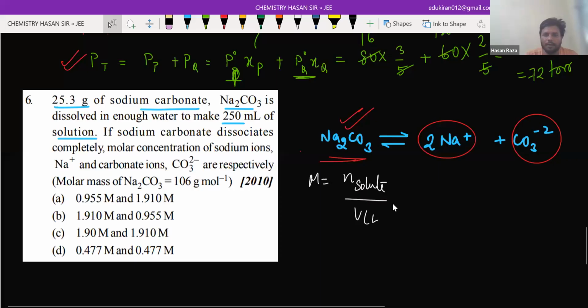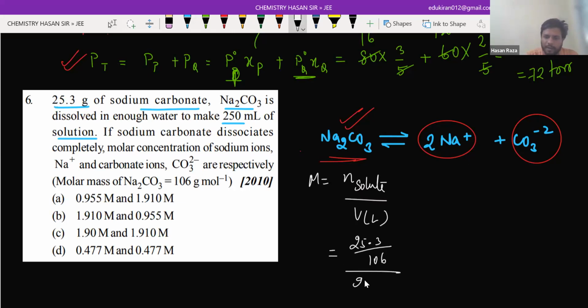Now see, to calculate the molarity, it is number of moles of solute upon volume of solution in liter. Number of moles of solute is given mass 25.3 upon molar mass, that is 106, divided by volume of solution 250 in liter.